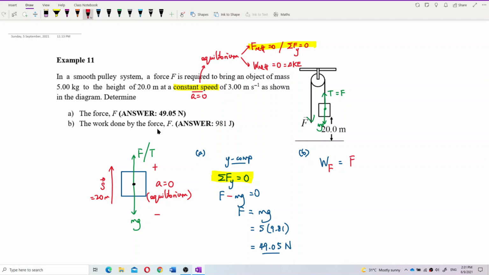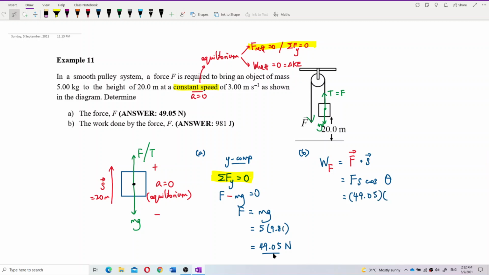So I just use the force F dot with displacement. So it's Fs cosine theta, work done by force F. So my force F just now is 49.05.